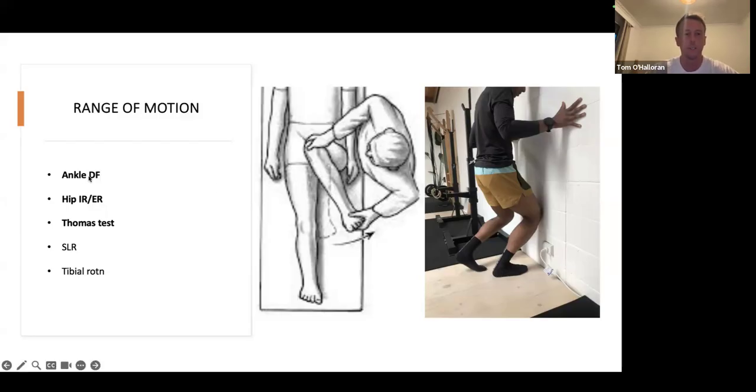So in terms of range of motion, simple ones for me: ankle dorsiflexion, hip internal and external. I want to understand someone's, I call it rotational profile. I got this from pediatric physio, but if they're really rotated, is that coming from the hip or the tibia? And just having an understanding of the way that person moves and what structures that's going to load and the things that we can't change.